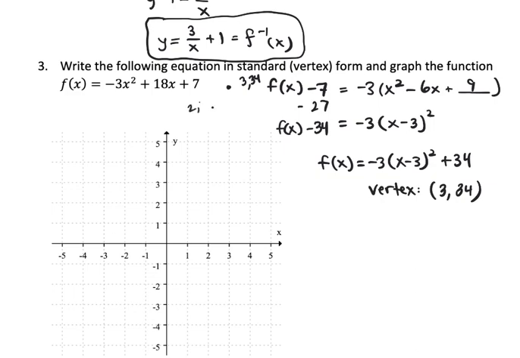So that's 2, 31. And then use symmetry to get 4, 31. So just make sure all of these points here are labeled when you graph your parabola.